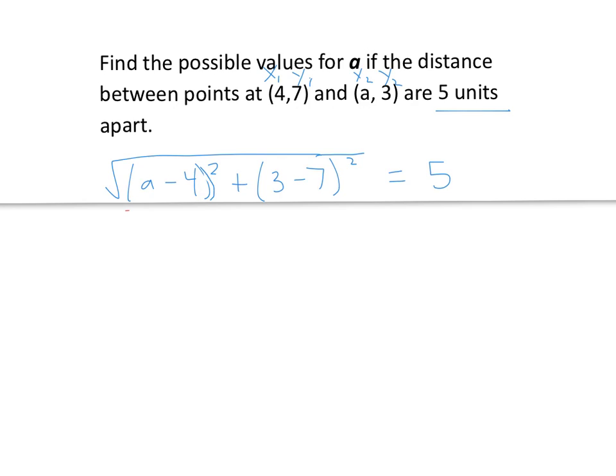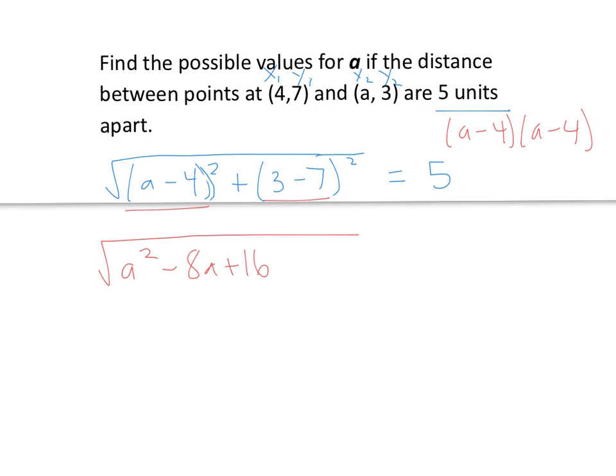Now I'm going to look at (a minus 4) squared, which really means (a minus 4) times (a minus 4), and we already know how to do that with FOIL or the box method. So (a minus 4) times (a minus 4) gives me a squared minus 8a plus 16, and then 3 minus 7 is negative 4. The quantity squared is positive 16, so I'll add 16 again, equals 5.